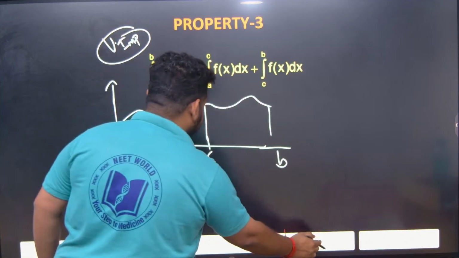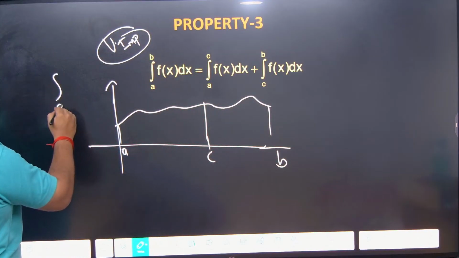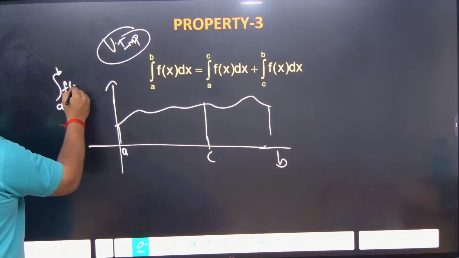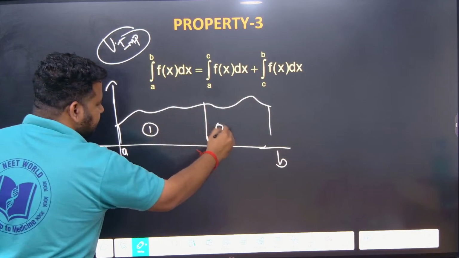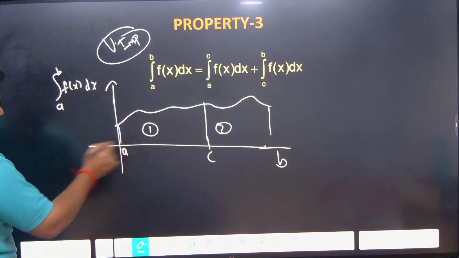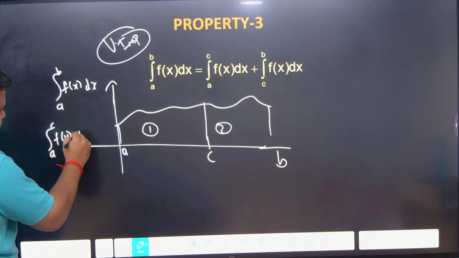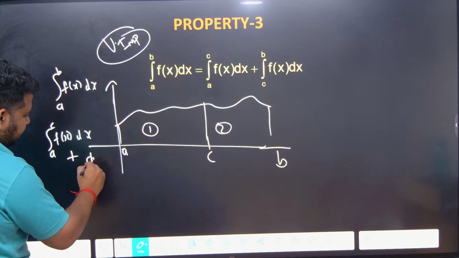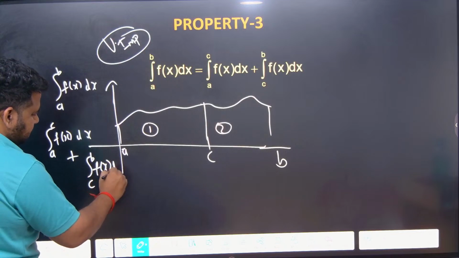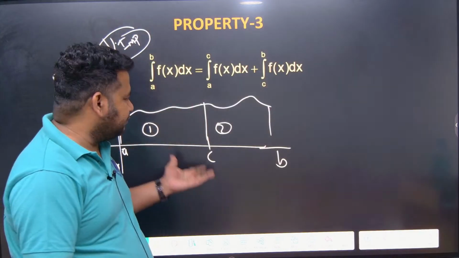So the first area is the integral from a to c of f of x dx, then plus the integral from c to b of f of x dx. So you can split the interval and write it like this.